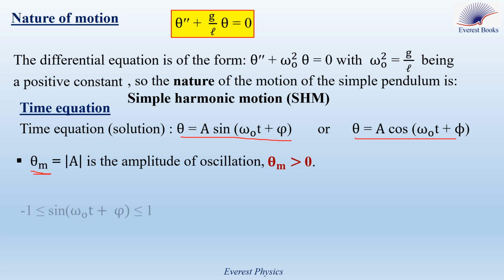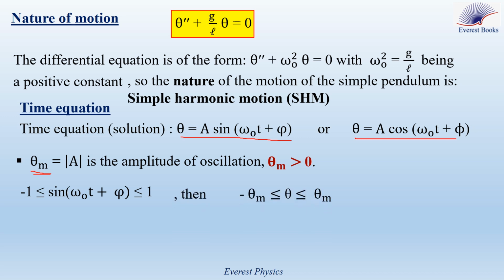Now, you know that sine(omega 0 t plus phi) varies between -1 and +1, which means that theta varies between minus theta m and plus theta m. This means that the pendulum oscillates between minus theta m and theta m.